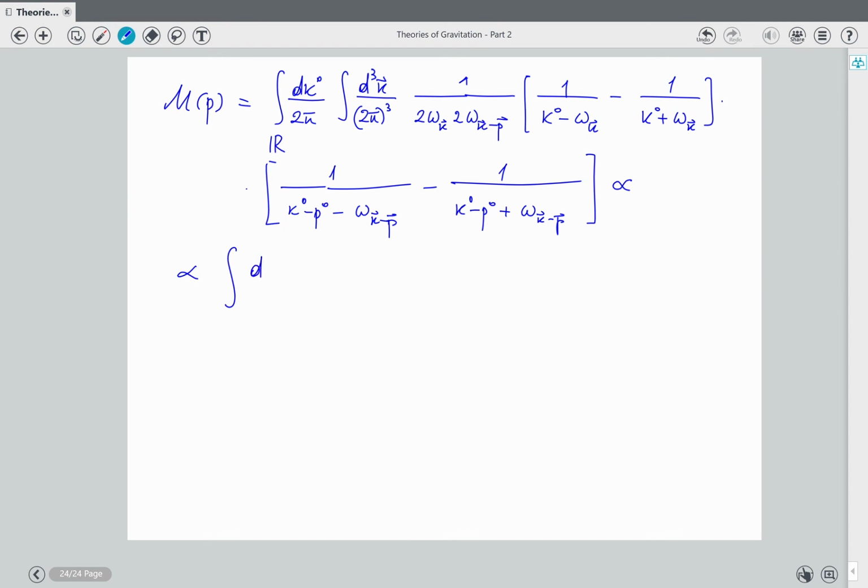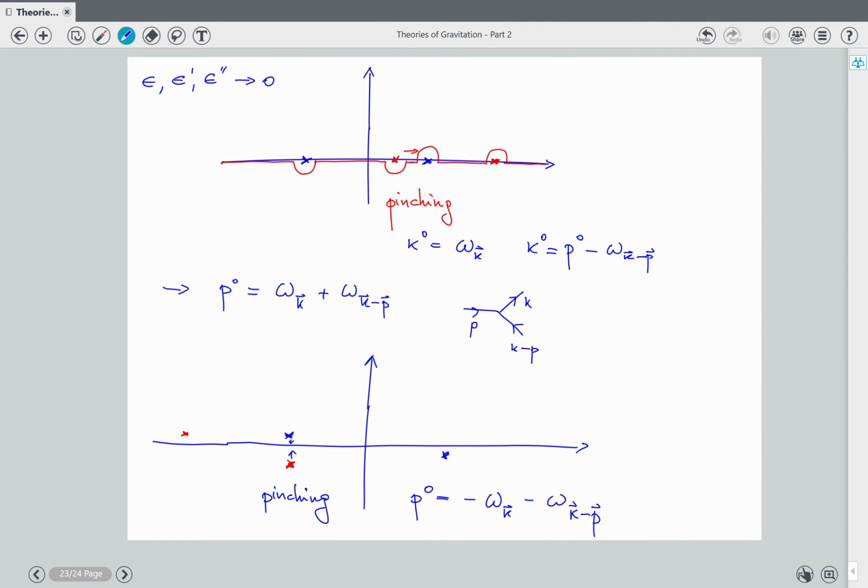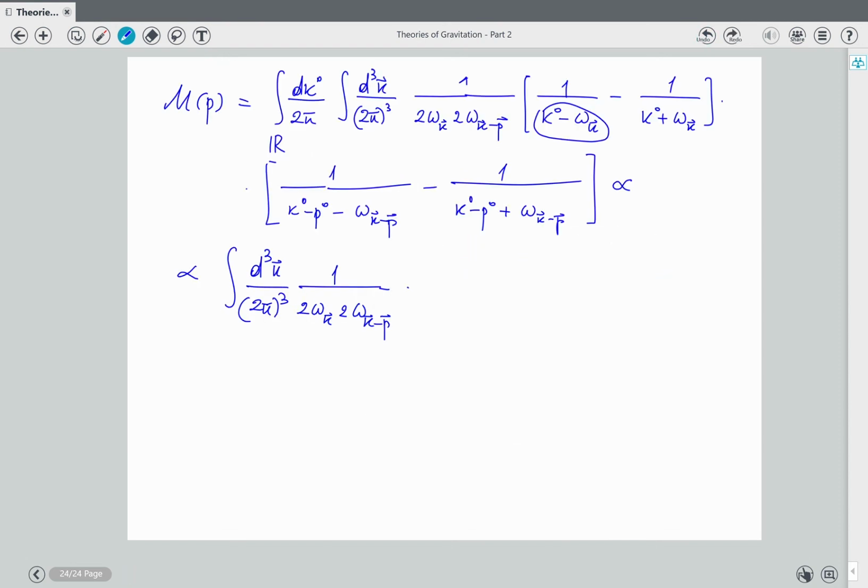So what you get is d3k over 2 pi cubed, 1 divided by 2 omega k, 2 omega k minus p, and then you can compute the residue for k0 equal to omega k, or k0 equal to the opposite of that. So it's either this or that.